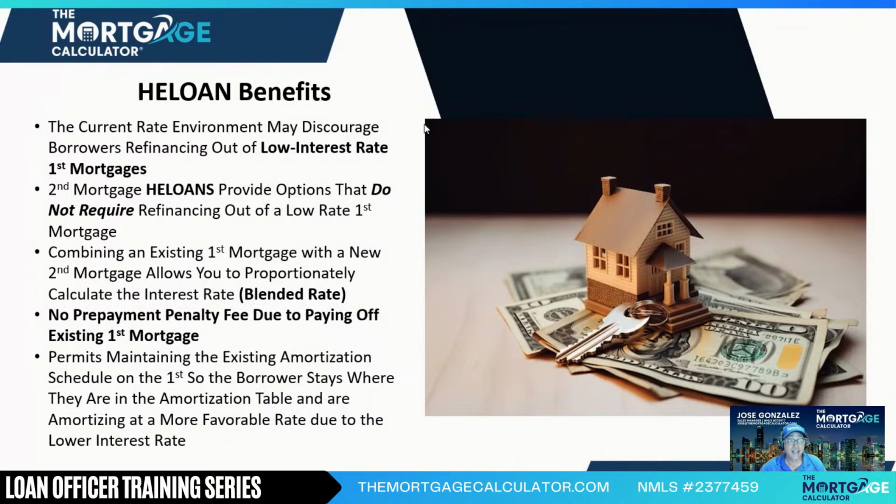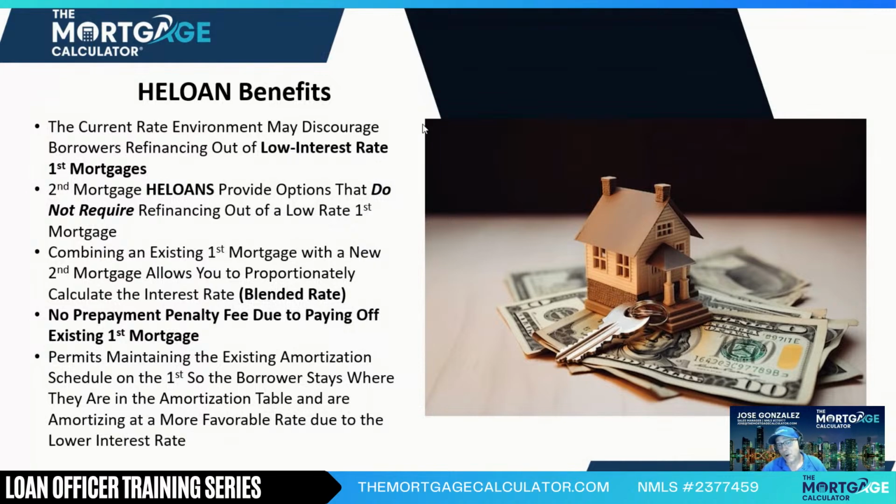And if the borrower says, not only am I going to get out of a 3.5% rate, but I'm going to pay a 2% prepayment penalty because I'm in year 2 of my 321, and that's going to be whatever, $200,000 times 2%, right? $4,000 additional eating into their equity. So with a HE loan, not having to pay off that first mortgage, there are additional savings there.